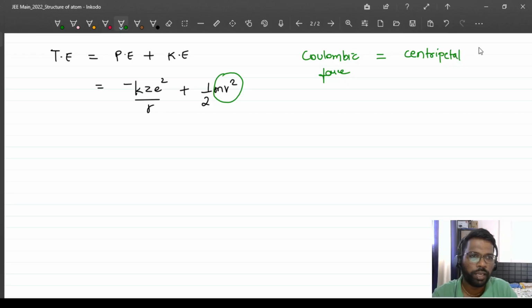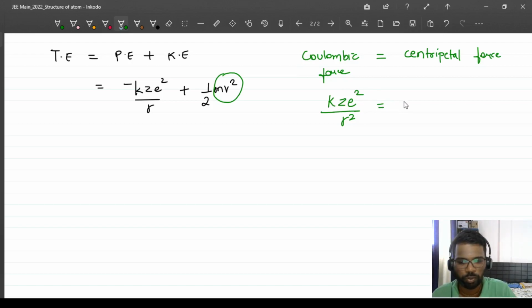Centripetal force, because the electron is also in constant circular motion around the nucleus. So here the Coulombic force, by magnitude, is kZe² by r². This is equal to the centripetal force, which is given as mv² by r.